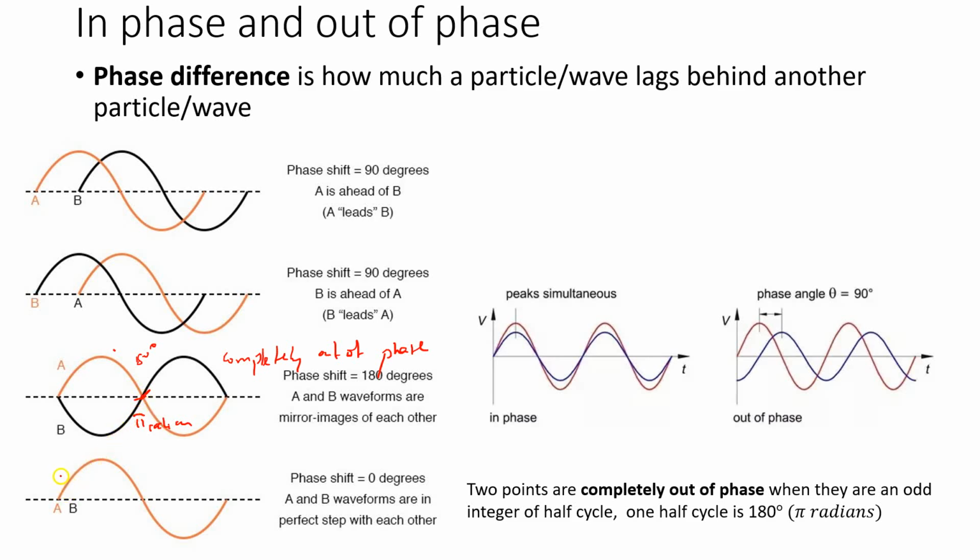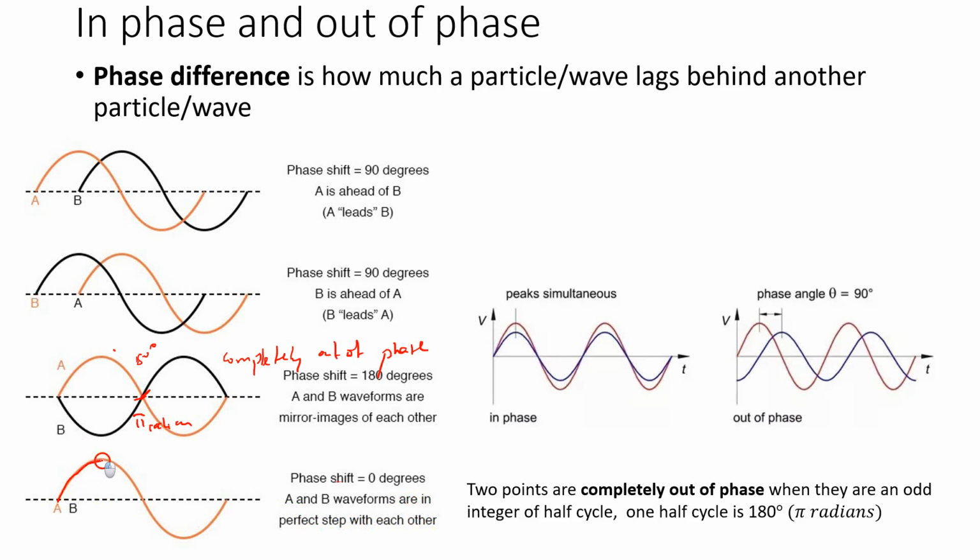But suppose now we start both A and B at the same position and going in the same direction by the same amount. If you look right here, it says A and B waveforms are in perfect step with each other, which means that they don't have a phase difference because they start at the same position.